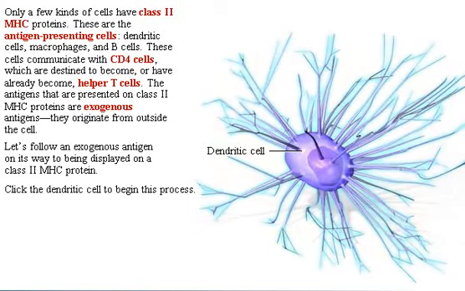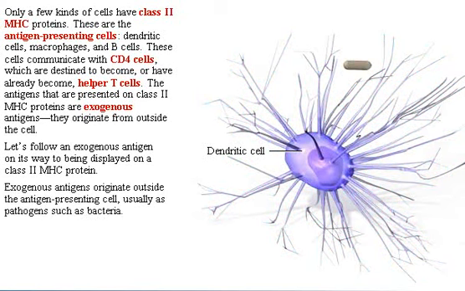Click the dendritic cell to begin this process. Exogenous antigens originate outside the antigen-presenting cell, usually as pathogens such as bacteria. Drag the bacterium onto the dendritic cell to phagocytose it.